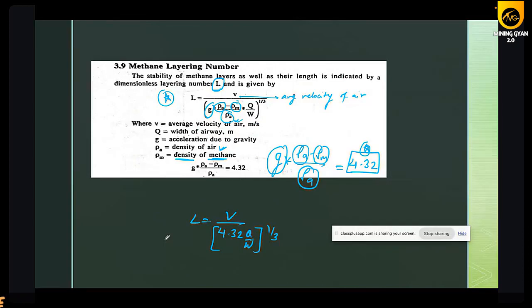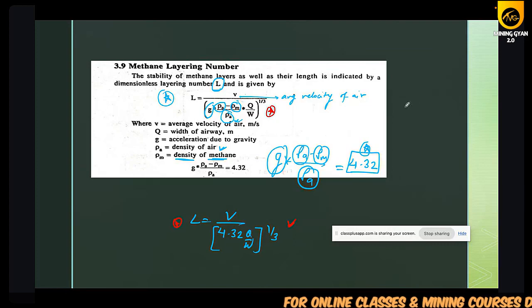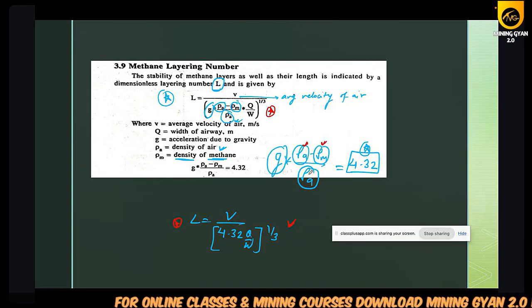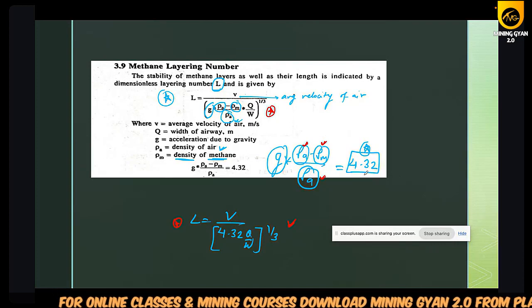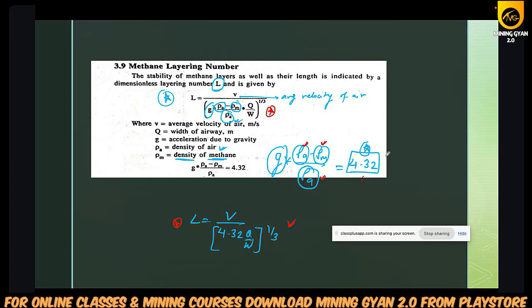So V by, if you want to remember this formula, you can, but I must recommend that you should also revise this formula, because it will help you to solve the numericals, because he already multiplied G into density of air, density of methane divided by density of air, and their ratio comes out 4.32.